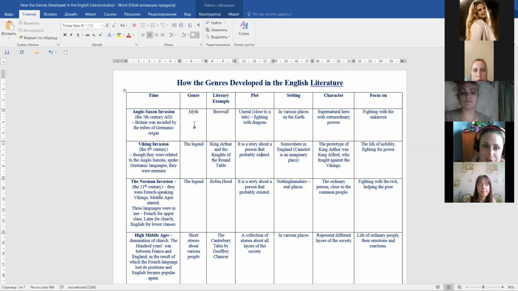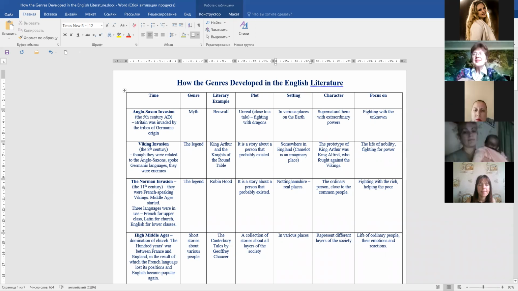Perfect. But at the time, it was very close, and you see that the setting is already closer because it's somewhere in England. It's already not somewhere else on Earth. And who are the characters? Which is the focus here?